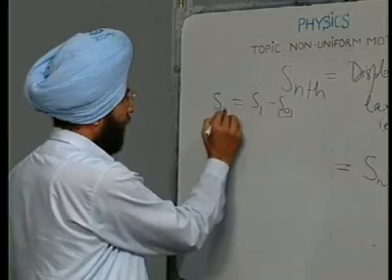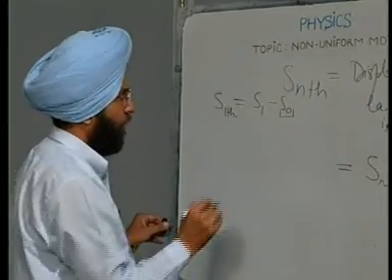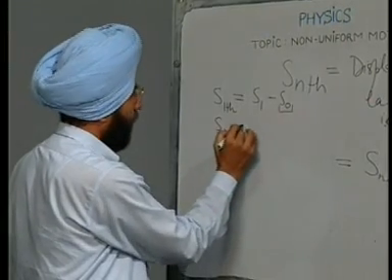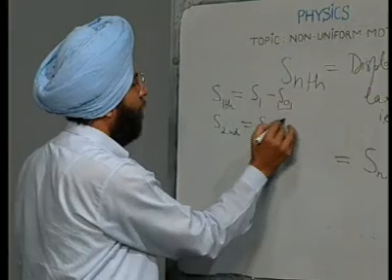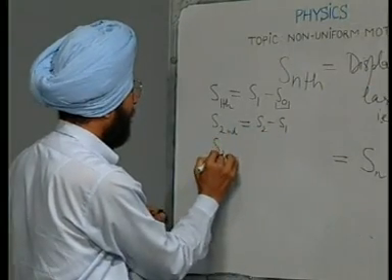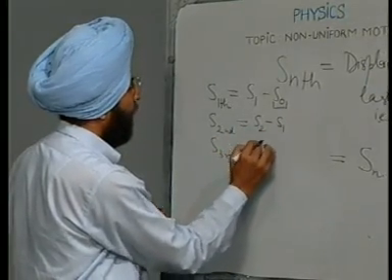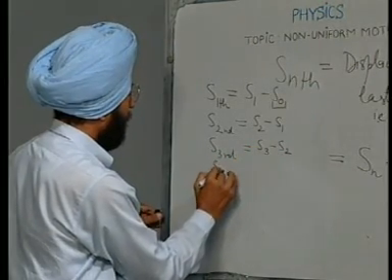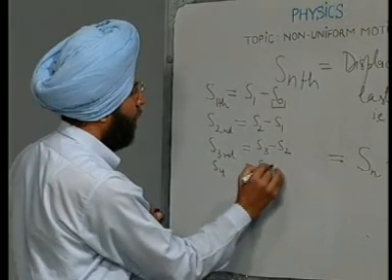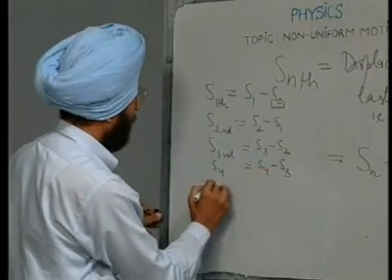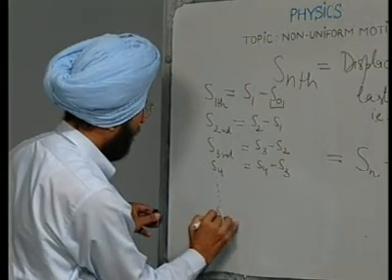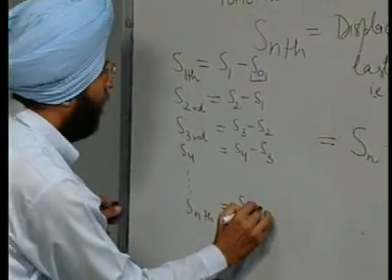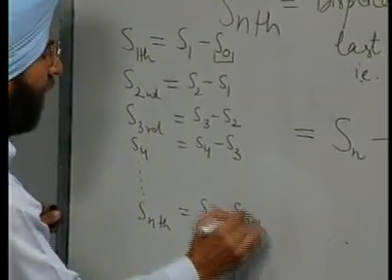S second is equal to S 2 minus S 1, S third is equal to S 3 minus S 2, S fourth is equal to S 4 minus S 3, continuing like that. S nth is equal to S n minus S n minus 1.